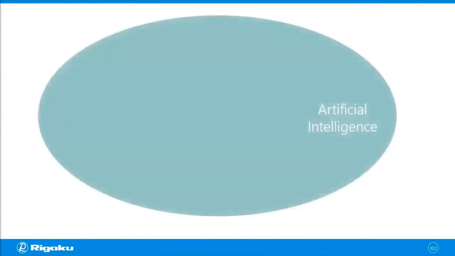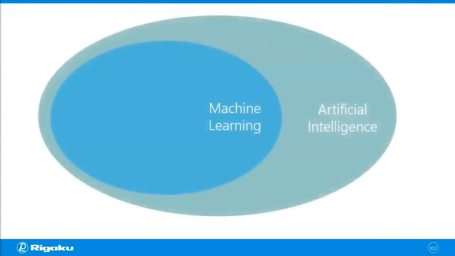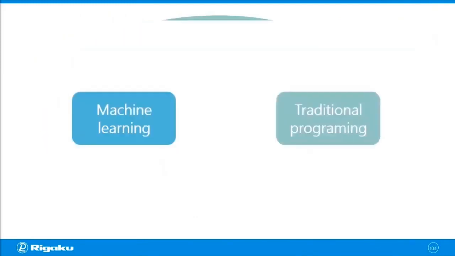Machine learning is part of artificial intelligence. And by the way, deep learning is part of machine learning. As you can see from this diagram, there are traditional programs that are considered to be artificial intelligence, but not machine learning. One way to look at the difference is to think about what goes in and what comes out from those programs.